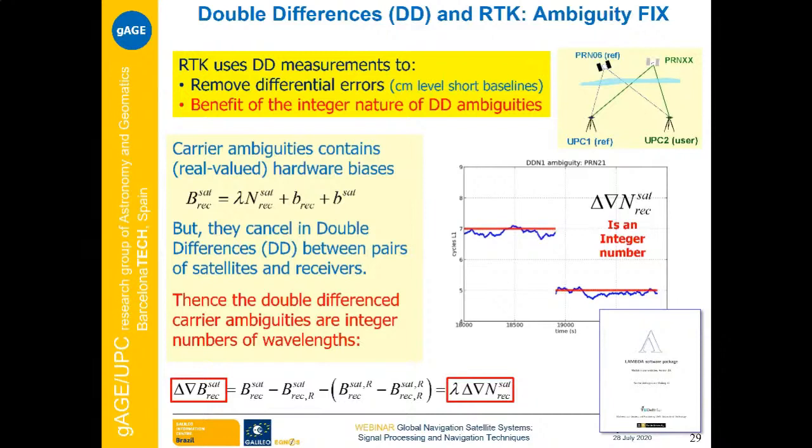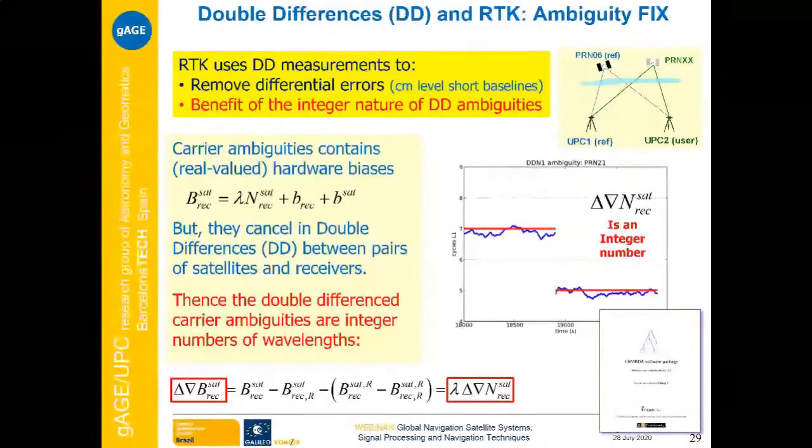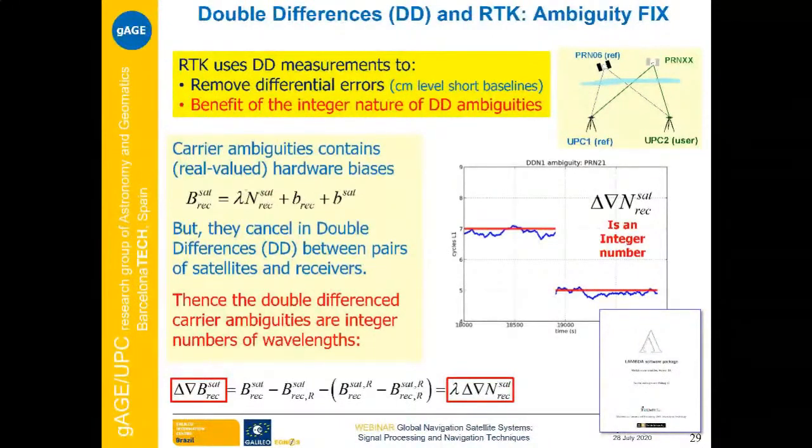And we have a real integer valued part. This n is an integer number, and we have two additional real valued terms. One term depends on the receiver and the other depends on the satellite.